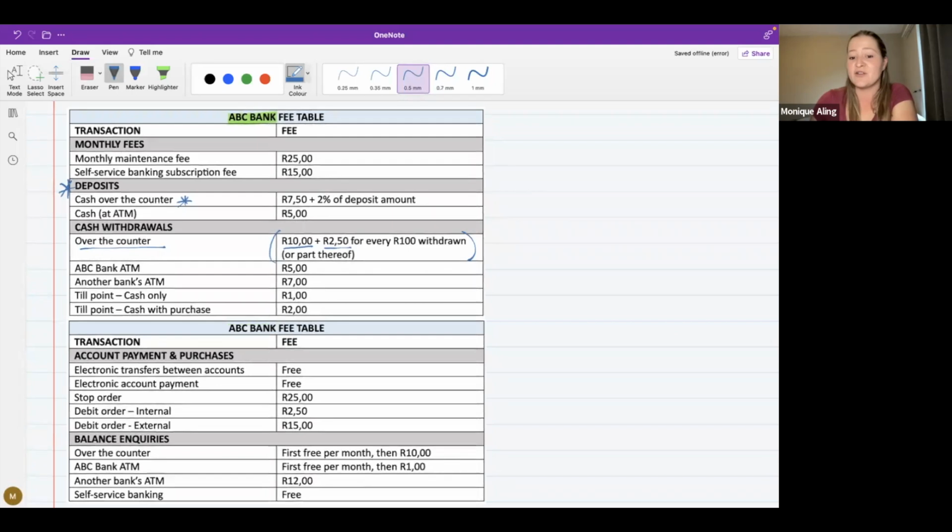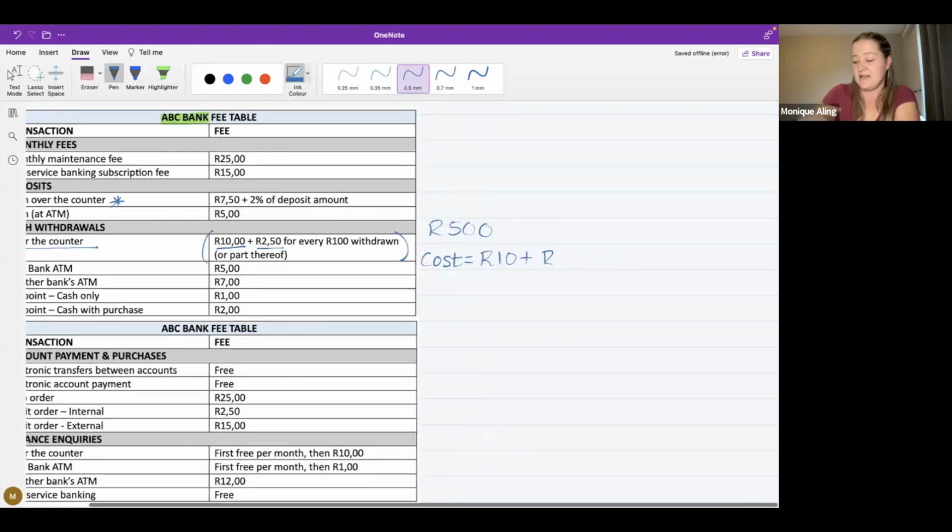So let's say, for example, you are withdrawing 500 Rand. You have gone to your physical bank, and you've asked someone to please take 500 Rand out of your account. They are going to charge you. The cost for you to do that is going to start off with 10 Rand plus 2.50 Rand for every 100 Rand. So I'm going to take this 500, divide by 100 to see how many hundreds there are.